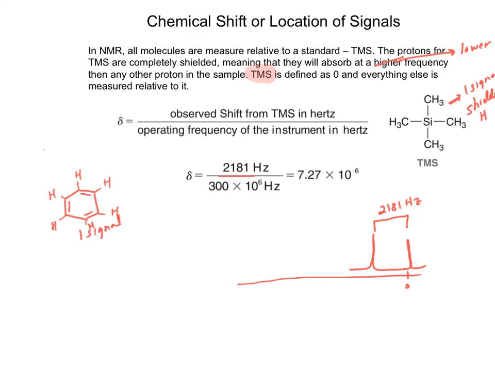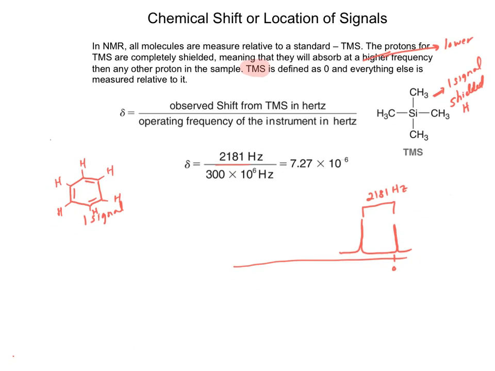Now the important thing to note here, and this is why, instead of measuring and reporting these frequencies, we use something else called chemical shift, is that this frequency that we actually see is dependent on the size of the magnet used, okay? In the most basic NMR spectroscopy instrument, we utilize a 1.4 Tesla magnet, okay?